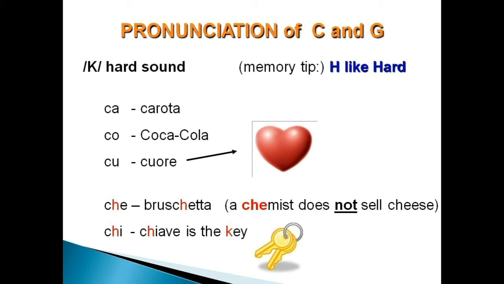So try to remember that a chemist does not sell cheese. There is no ch sound in the word chemist. Also, the word chiave means key in English, and coincidentally, both chiave and key have a k sound. So that might help you remember chi, chiave, k, chiave.